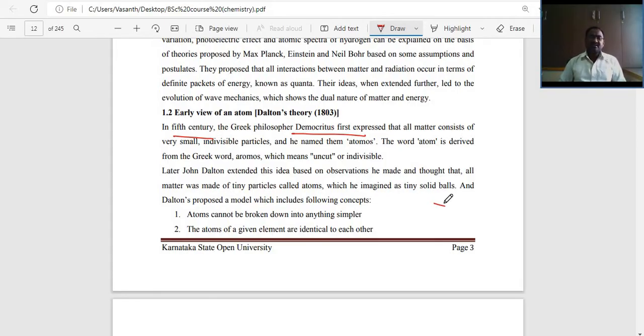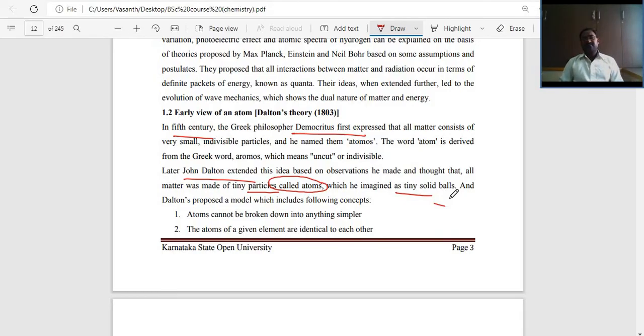Later, John Dalton extended this idea based on observation. He thought that all matter was made of tiny particles called atoms, which he imagined as tiny solid balls. And he gave some postulates or assumptions. Hence, that is Dalton's atomic theory.